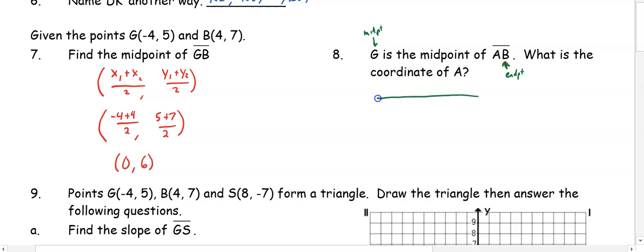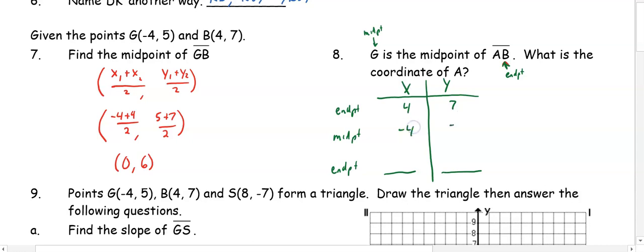So when we are trying to find another endpoint, we need to set up a table. So with our x, y coordinates, we are going to go endpoint that we know, midpoint that we know, endpoint that we are looking for. So if our endpoint we know is B, B is at 4, 7. The midpoint we know is -4, 5. We're looking for the other endpoint.